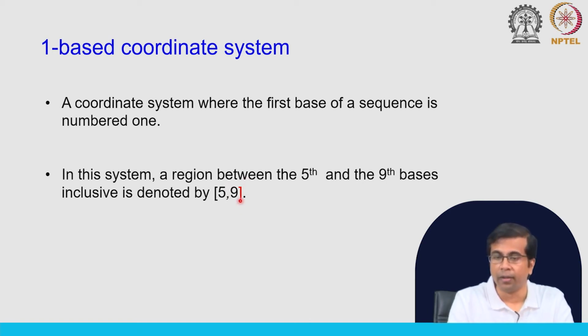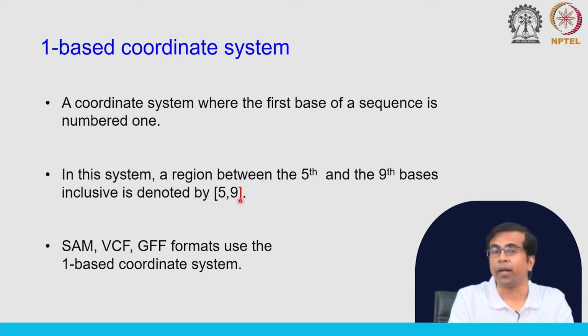The SAM file, VCF and GFF formats use this one-based coordinate system. We will come to VCF format later on, and GFF format also when we talk about gene ontology. It is good to know that these files use a one-based coordinate system, because when you are using these files, you need to keep that in mind.